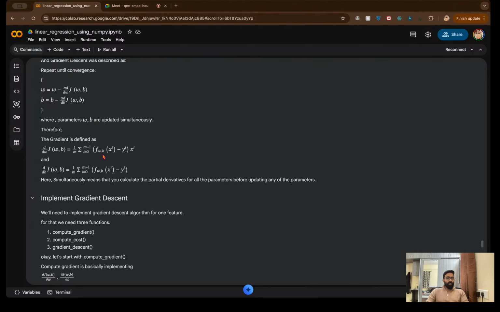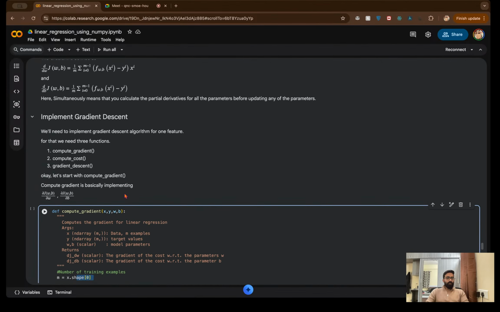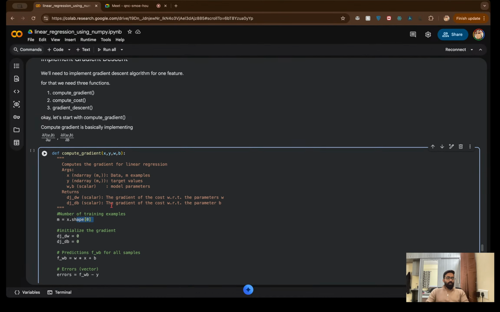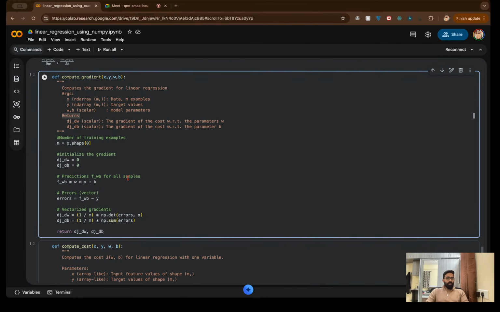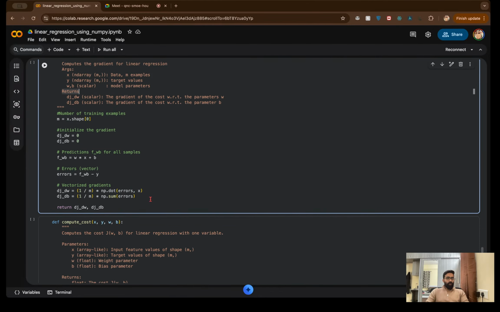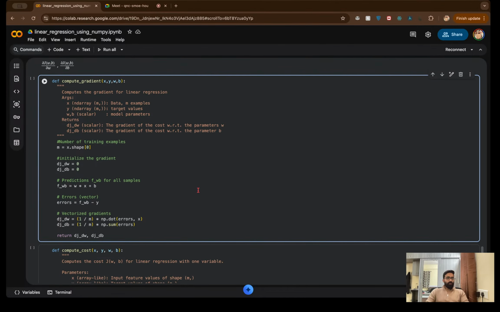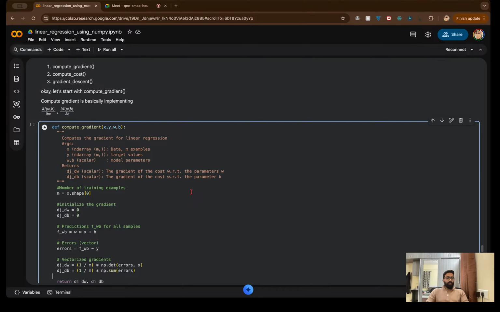We need the function f_wb, y_i and x_i. I'll compute the gradient. This is the compute gradient function I am implementing.